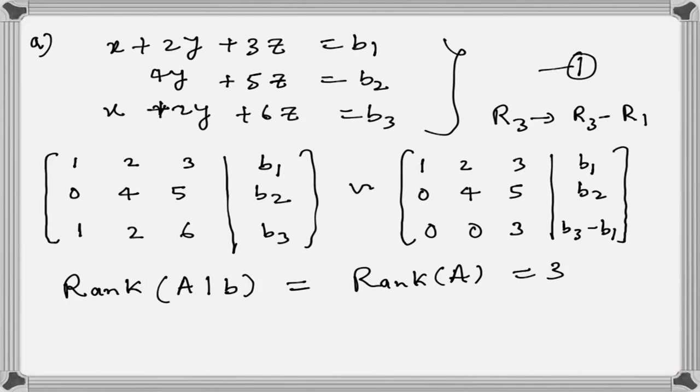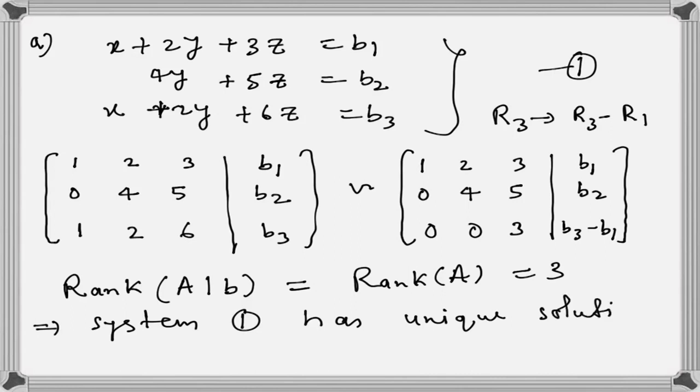This implies that the system, because we already get the 3 non-zero rows, and this matrix is also in the echelon form, this implies system 1 has a unique solution for all b1, b2, b3.